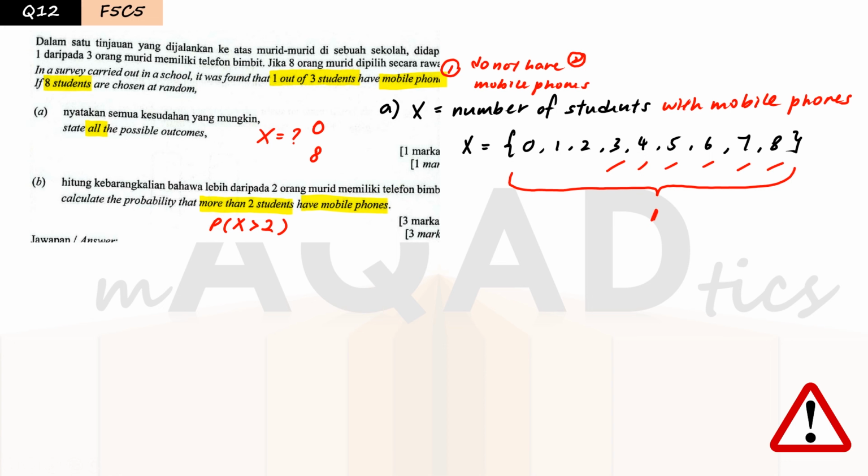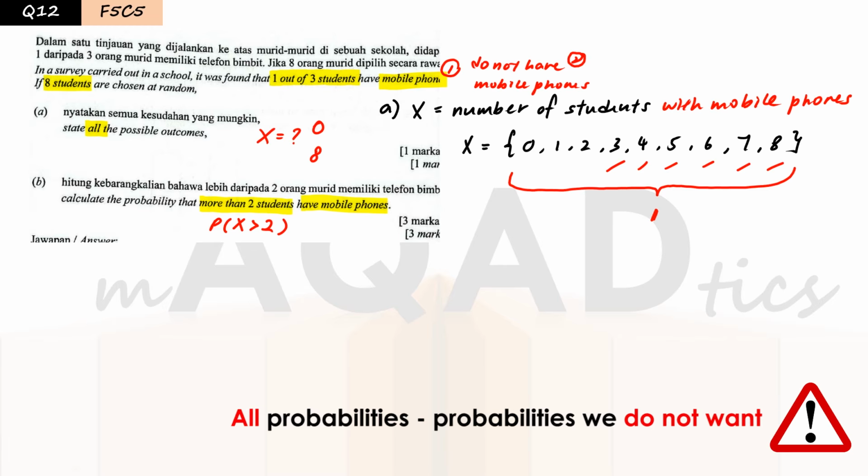And instead of calculating the probability for all these 6 outcomes, why not we minus off the probability of outcomes that we do not want, which is the 0, 1, and 2, right?